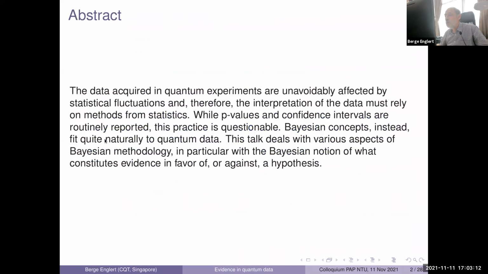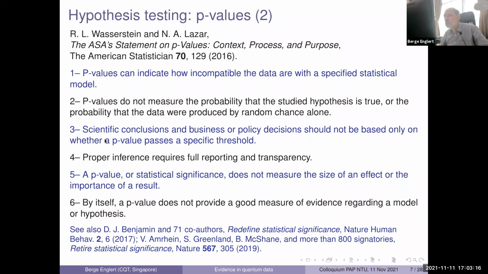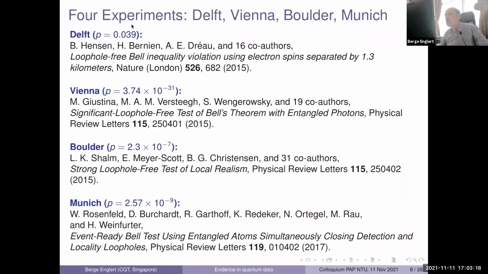Going back to the data I was looking at, for these three cases, the Vienna, Boulder, and Munich, we end up with overwhelming, clear evidence in favor of quantum mechanics and against local hidden variables.